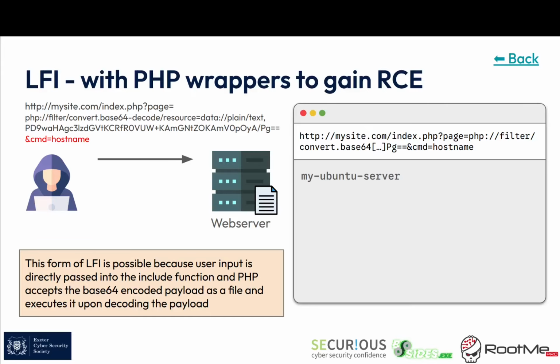If you append at the end a second parameter, command equals hostname, what I'm trying to do is run the hostname command with the PHP code that I sent through the earlier part of the payload. It runs the hostname command on the server, and you actually get the hostname of the server. Obviously if you use it with other types of code, it would be potentially dangerous, because then you can gain access to the host server.